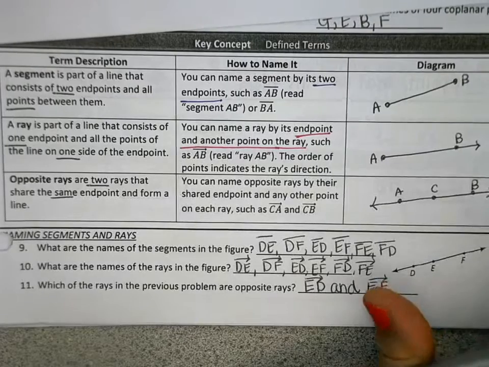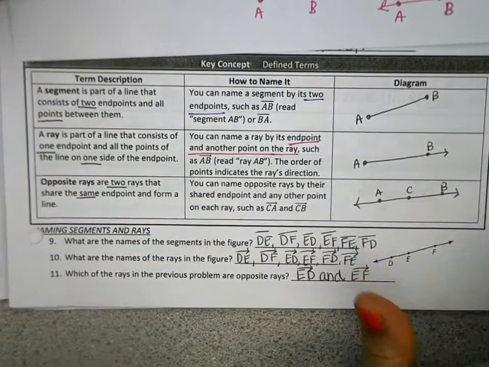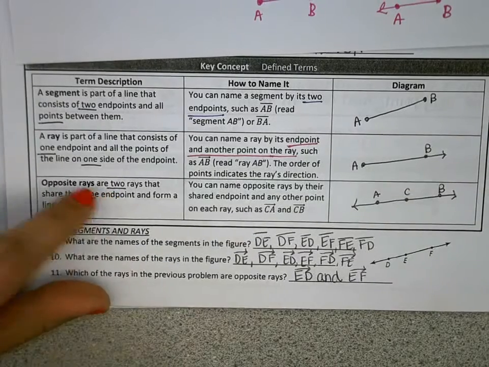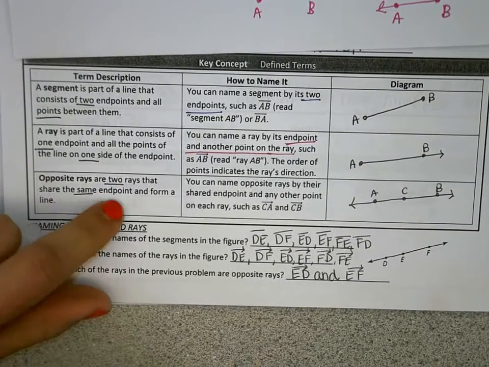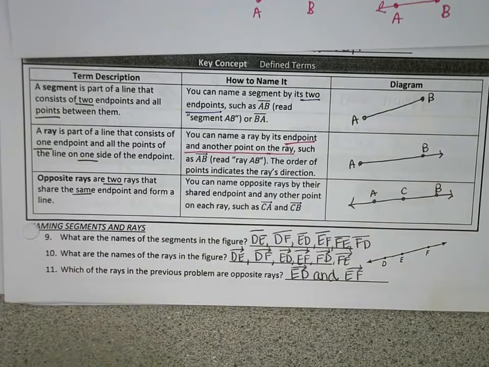So because we have rays, we also have what are called opposite rays, which is pretty self-explanatory. Opposite rays are two rays that share the same endpoint and form a line. So it's a line, but we break them up into rays.